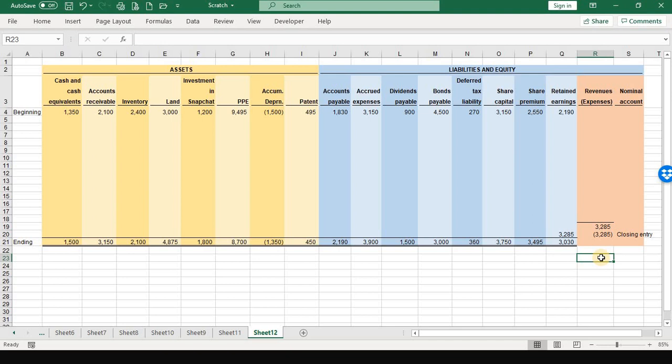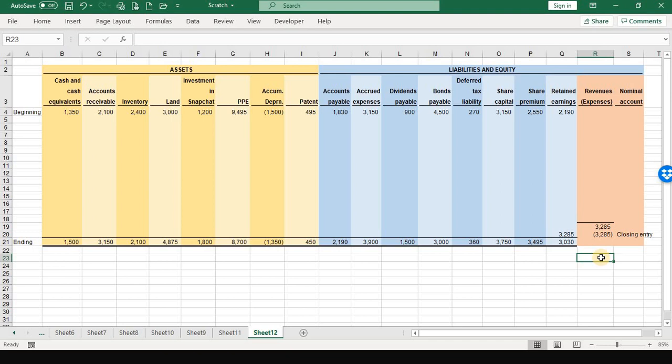But since we need those nominal accounts, we need to find some other way to determine them. To do this, we need to analyze each account that is related to investing and financing activity and look for the nominal accounts through that analysis.